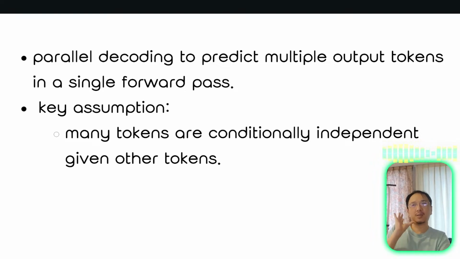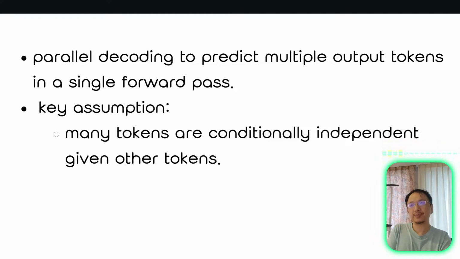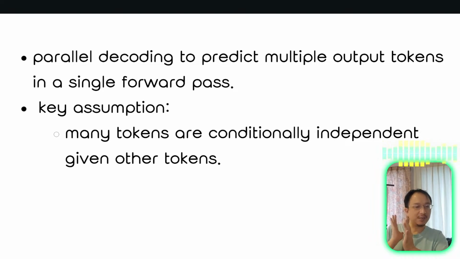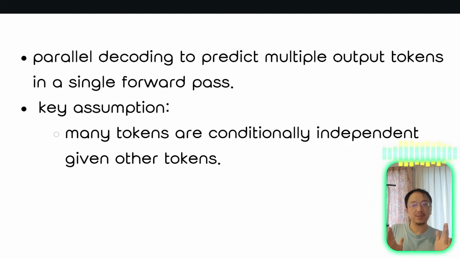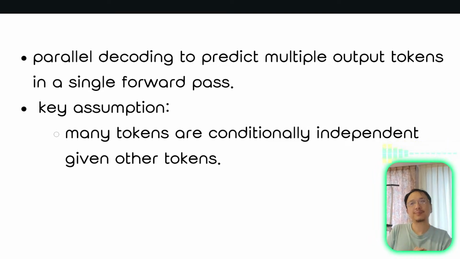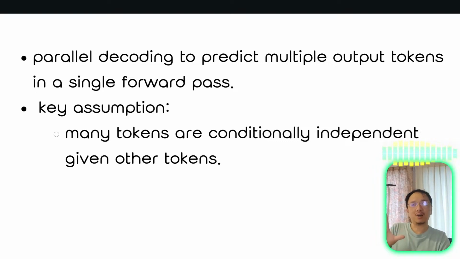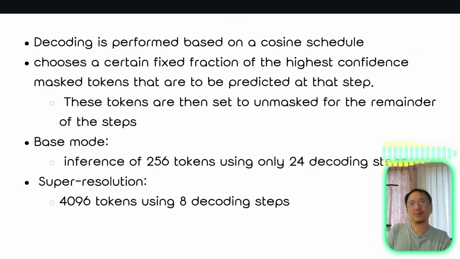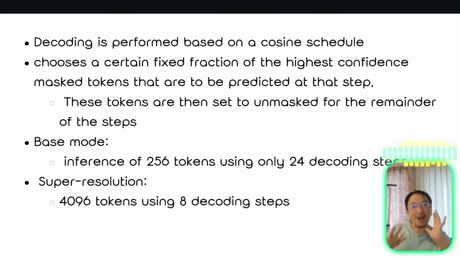They want to do it in parallel, predicting multiple output tokens at once, and they are doing it in several passes, not just one. They observe a key assumption that many tokens are conditionally independent given other tokens. So first, the decoding is performed based on a cosine schedule, and they choose a certain fixed fraction, decided depending on the scheduling.